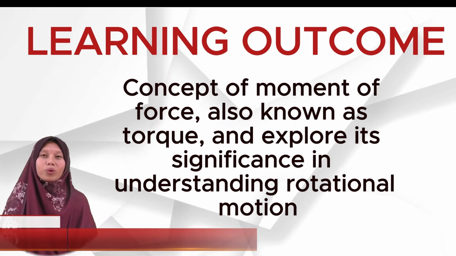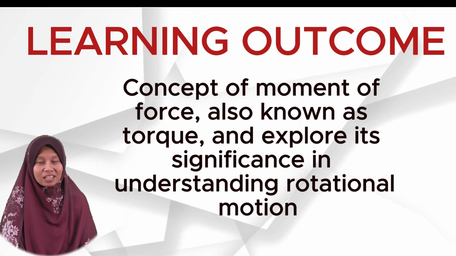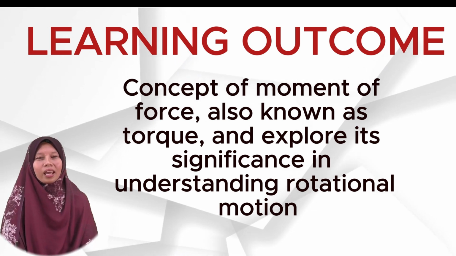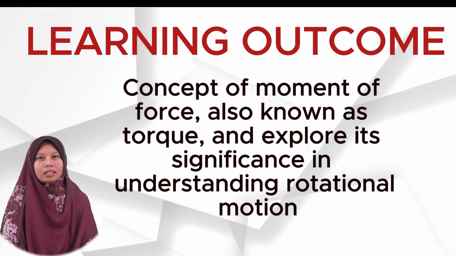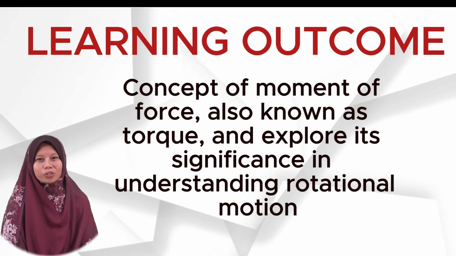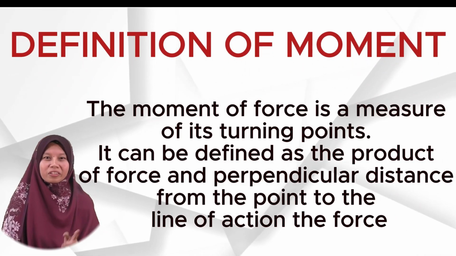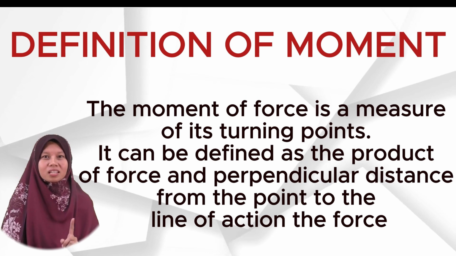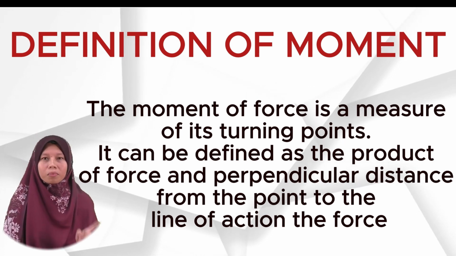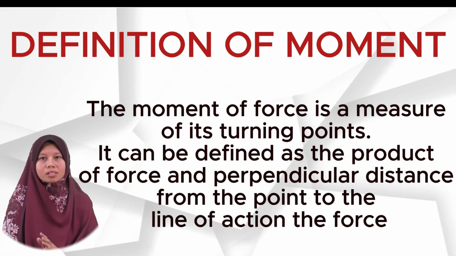In this video, we will learn the concept of moment, also known as torque, and explore its significance in understanding rotational motion. Let's start with the definition of moment of force and its unit. The moment of force is a measure of its turning effect.